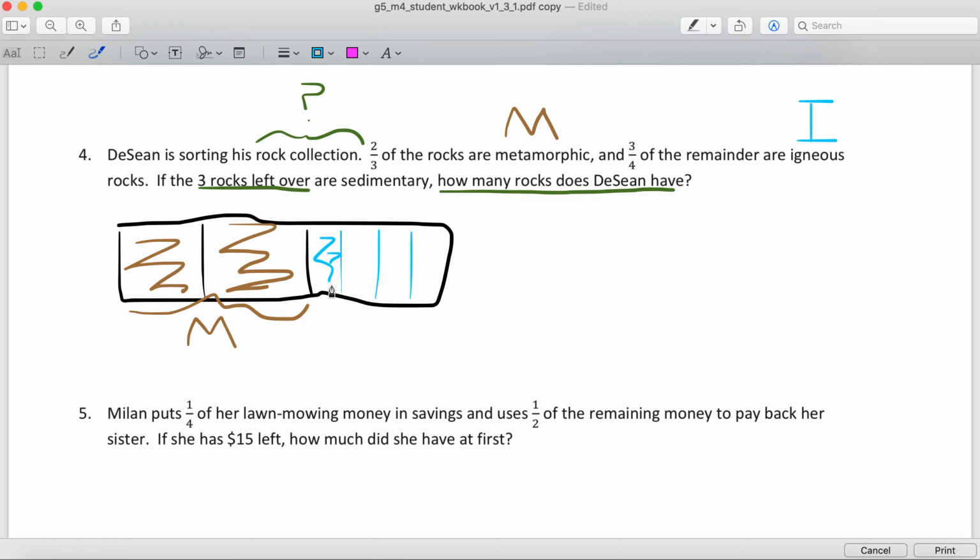You might have a better word for that. So 3/4 of that represents this rock. Watch out, watch out, watch out. All right. It says if 3 rocks left over are sedimentary, how many rocks does he have?